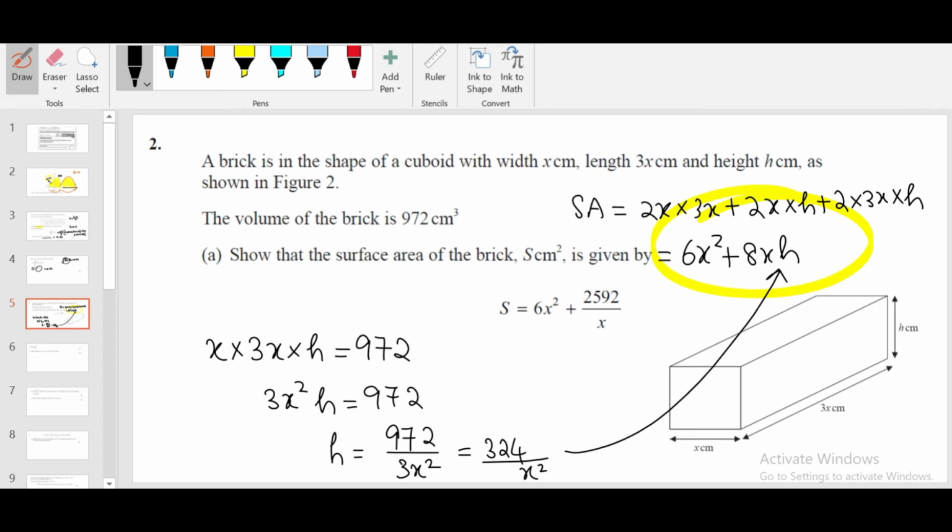So when I sub in, I get the answer already. You sub in, you will get surface area S is equal to, they have used S only, so just use S. 6x square plus 8x times 324 over x square, so you will get this expression. That's all. It's a 3-mark question.